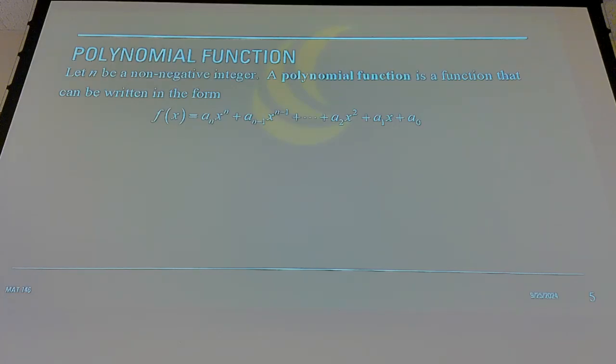plus a sub 2 x squared plus a sub 1 x plus a naught. This is what's known as the general form of a polynomial.